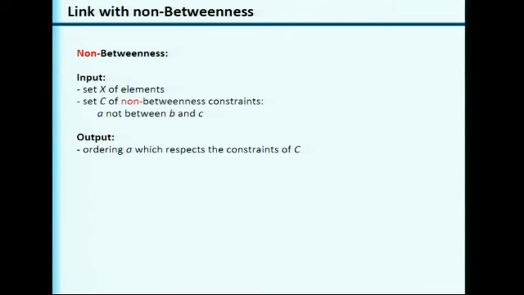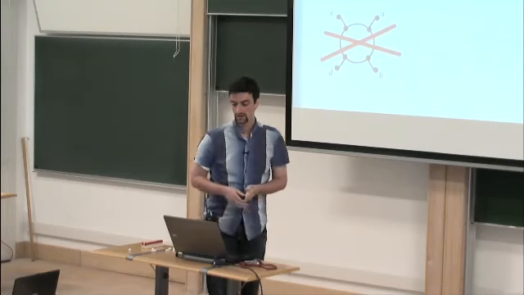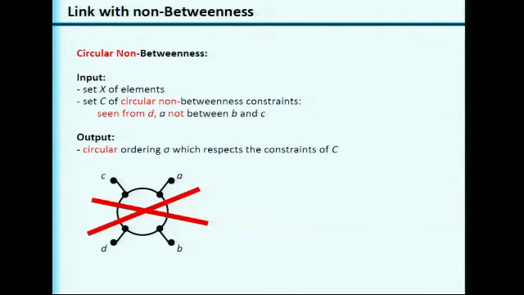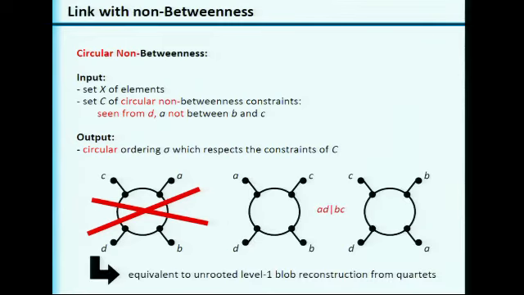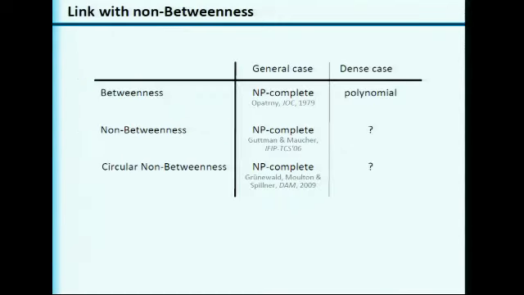And here the problem of fitting a quartet set into a level 1 network is like the circular non-betweenness, because you notice that you don't want to have A between C and B seen from D, and those cases are exactly the presence of the quartets AD separated from BC. So what we need to do here is just find what this circular non-betweenness is in the dense case, and this is an open question.